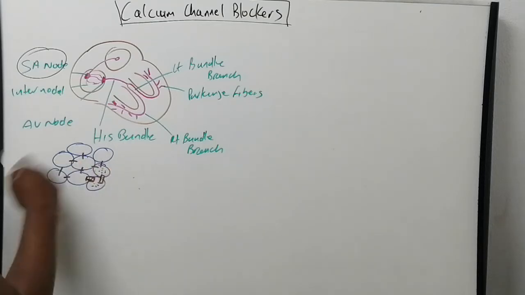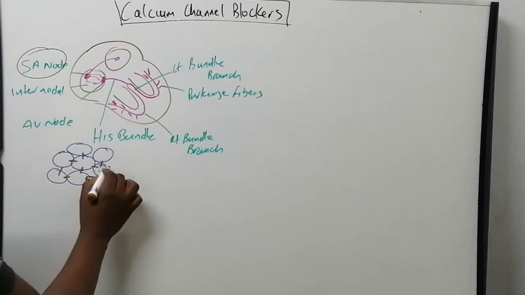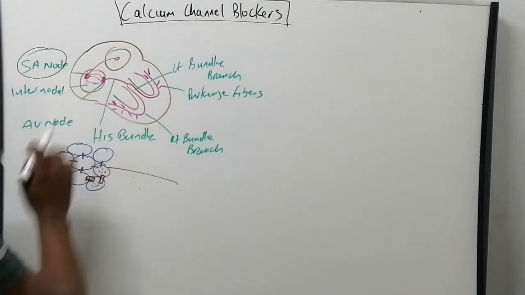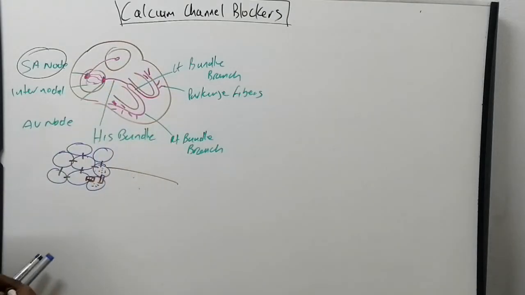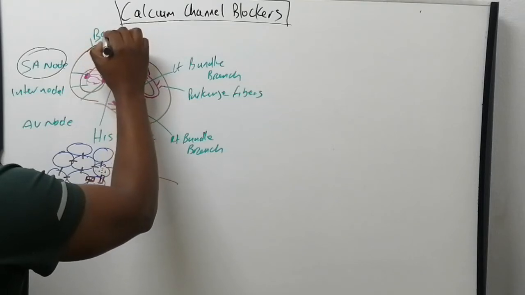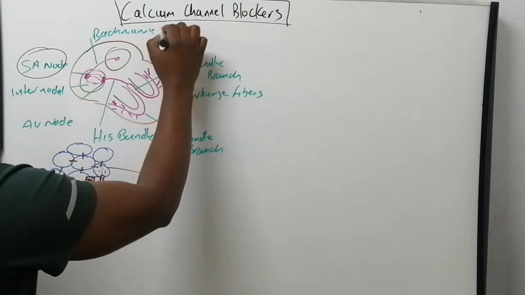Now, this action potential that has been initiated in the SA node is going to move to the AV node, and oh, I forgot to label the Bachmann's bundle. Bachmann's bundle.